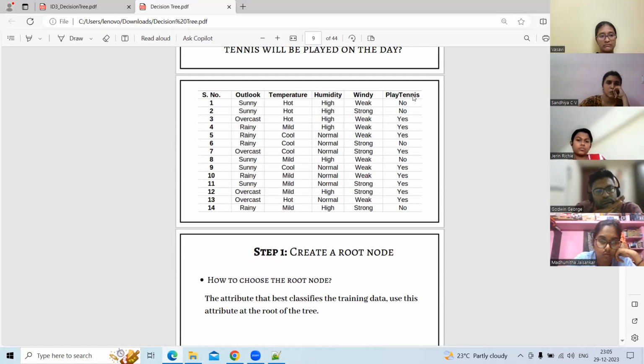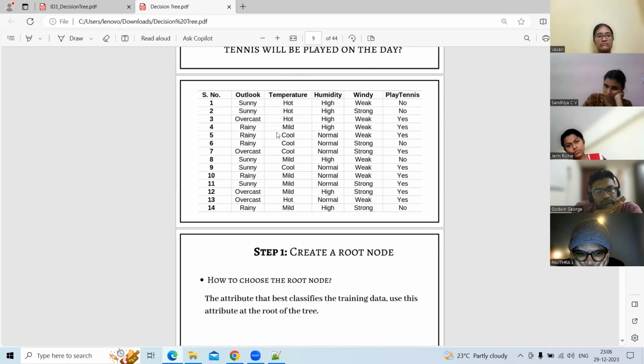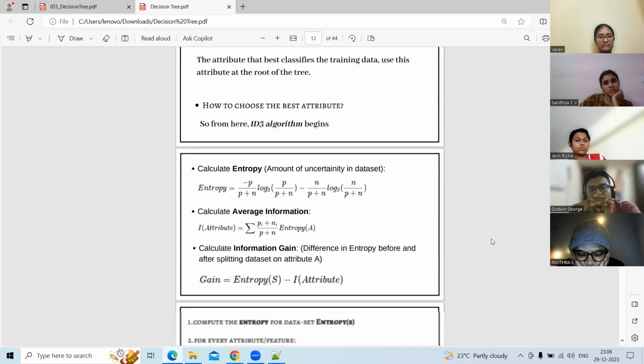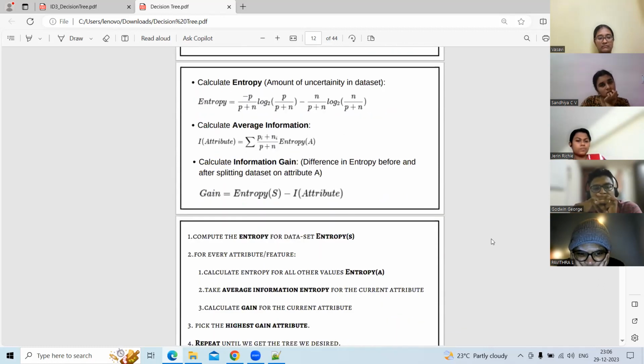This is what we have to find out: if a person will play tennis on that particular day or not. This is the target or output variable, and we have 4 features. Out of these 4 features, any feature can be the root node. So let us try to find out which will be the root node here. So first thing is, basing on the ID3 algorithm.